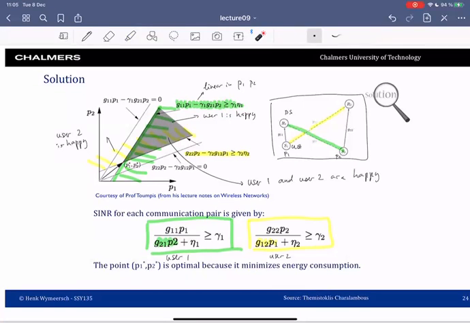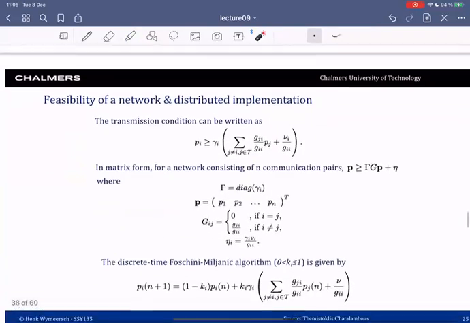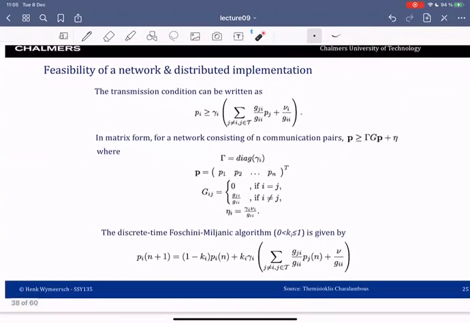So this is how we can solve this for this 2-user case. It turns out that for the more general case with multiple users, multiple base stations, there exists an elegant solution which is called by this name, which you can prove leads to the optimal power allocation for multiple users and multiple base stations.